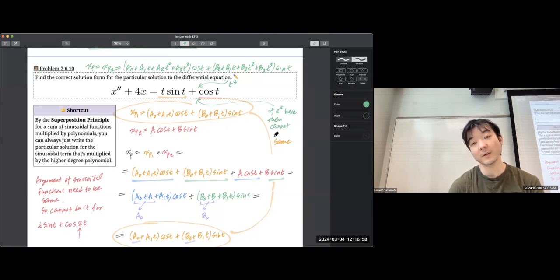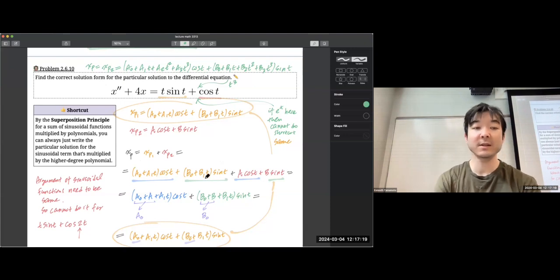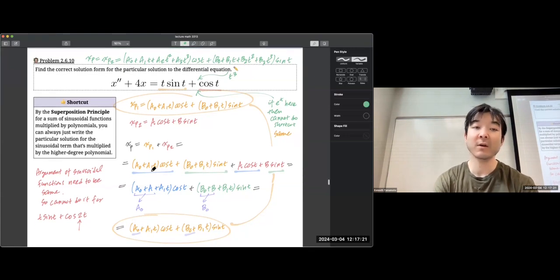It's only if you have a polynomial times this sine. So I guess you could have e to the t on this one, and if you had e to the t on this one, then you could get away with maybe just using the higher degree polynomial one.